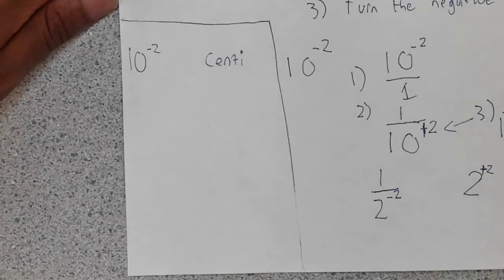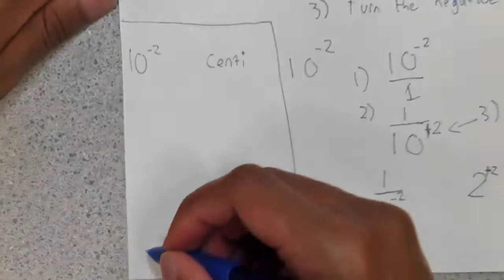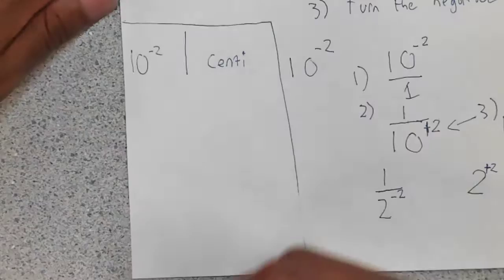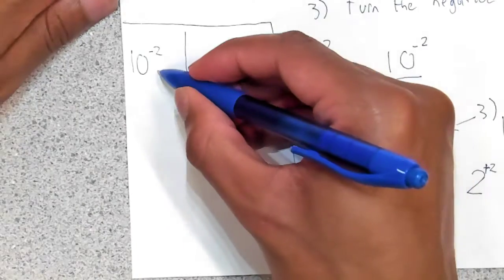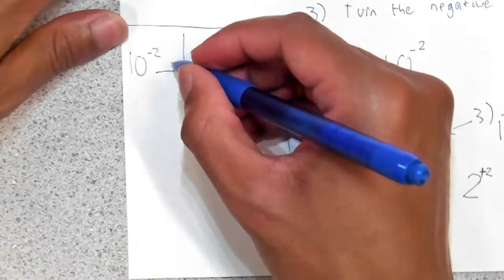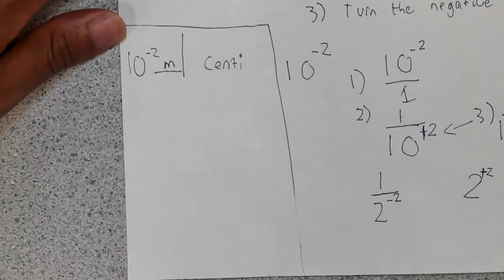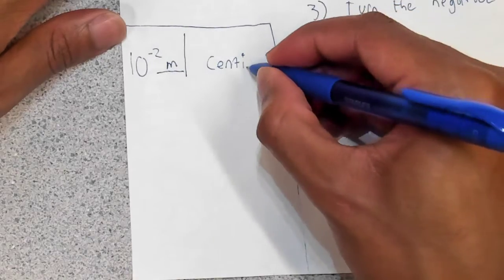It is the base unit, meters. So when I write these two facts down, I like to draw a line in between. And I imagine that the base unit is right here by the number. Base unit in our case, I chose meters. So it means this would be centimeters.